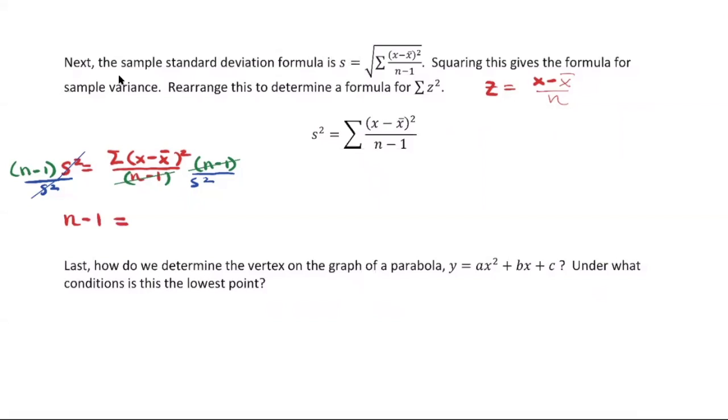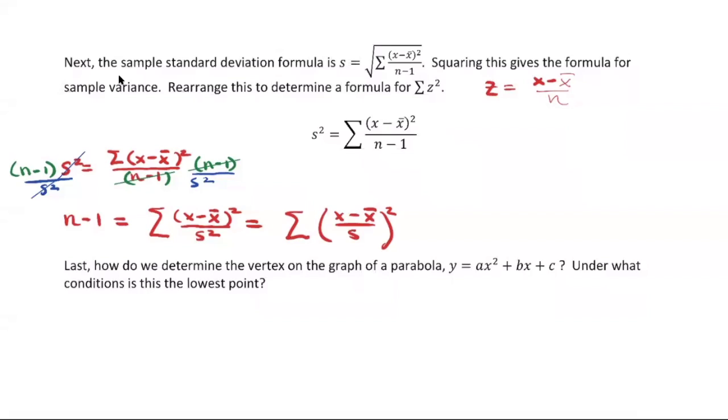I'm going to put the s squared inside the sum. That's just the distributive property. So I'll write the sum of x minus x bar squared over s squared. Or maybe write this as the sum, watch this, of x minus x bar over s. Everything is squared here, so I just group it together and square.